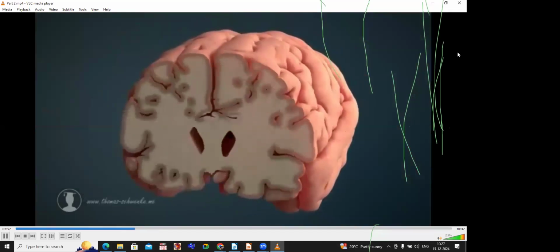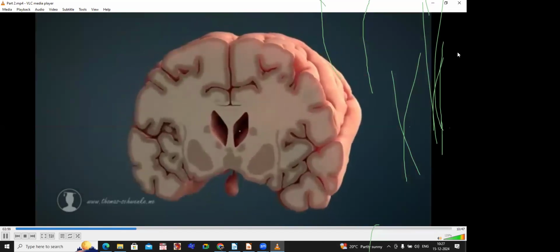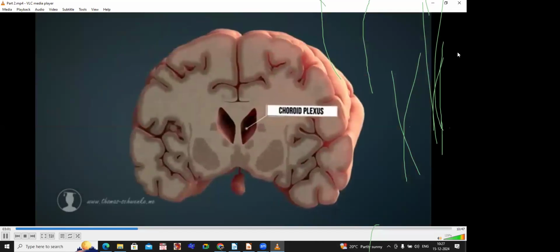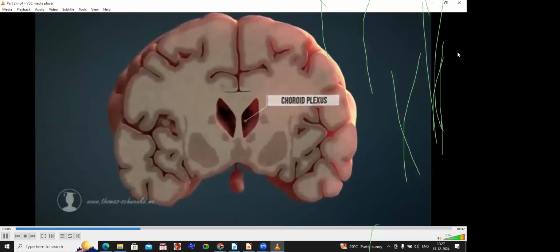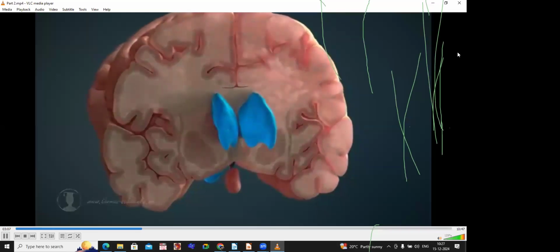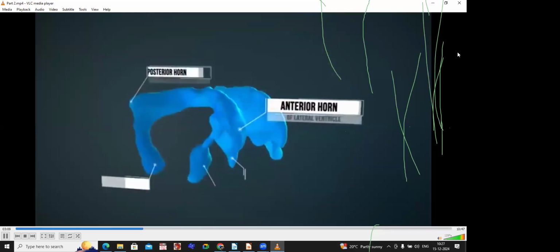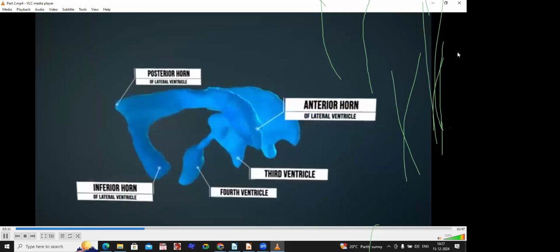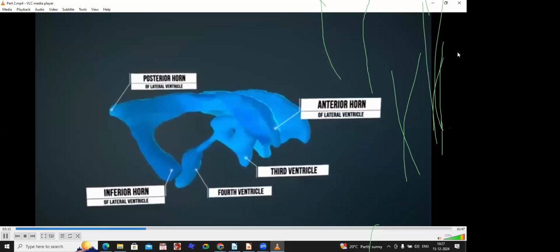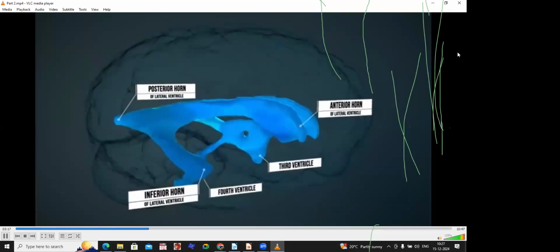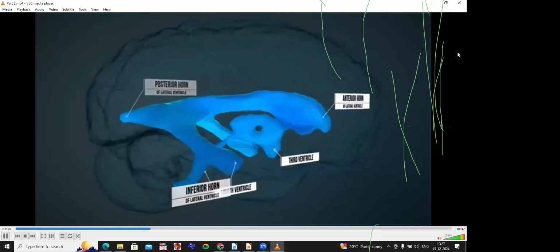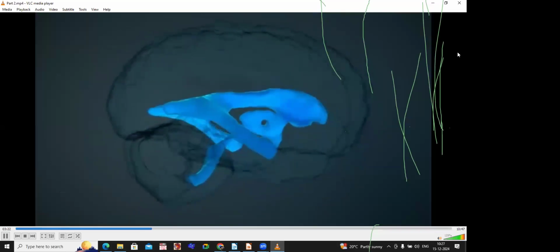Around 500 milliliters of cerebrospinal fluid is produced by cells in the brain per day. The cerebrospinal fluid circulates not only in the subarachnoid space, but also in cavities known as ventricles. Ventricles are commonly divided into lateral ventricles and the third and the fourth ventricles.